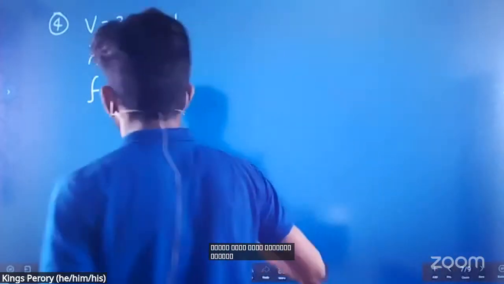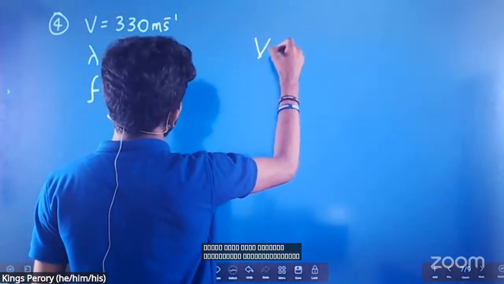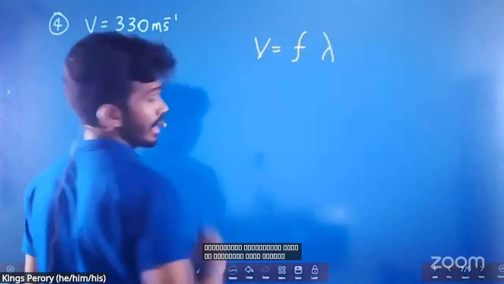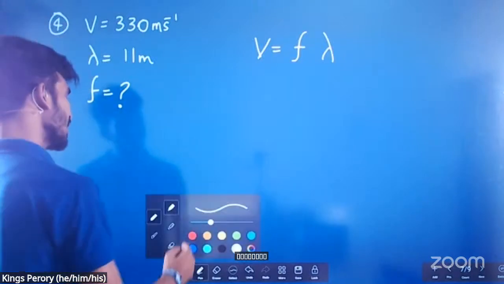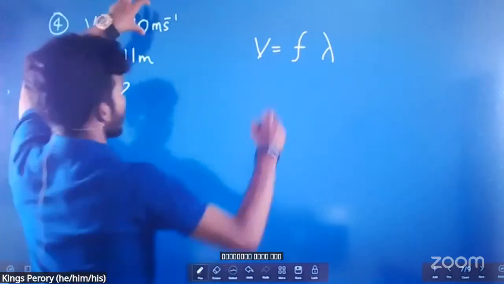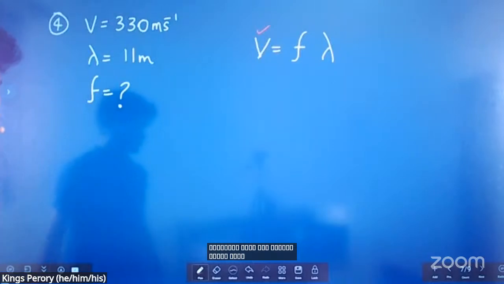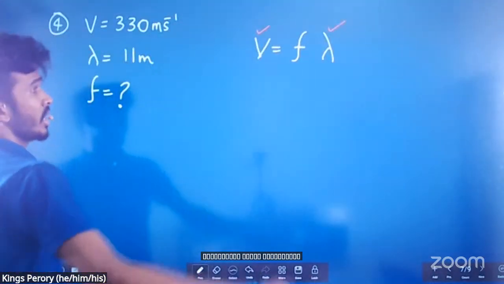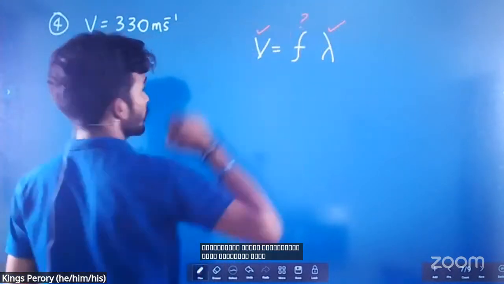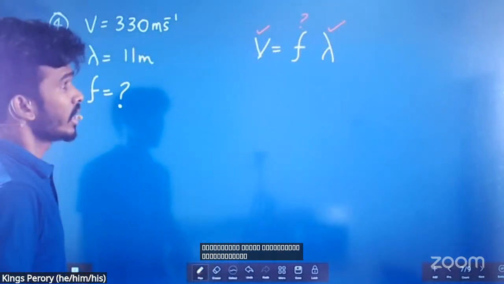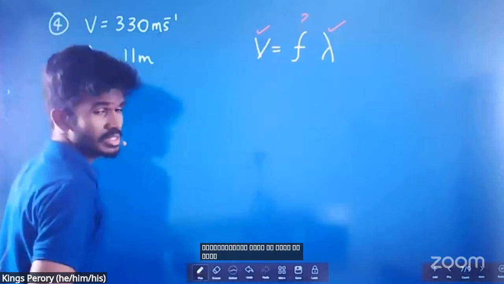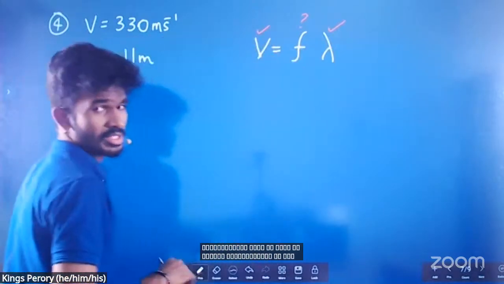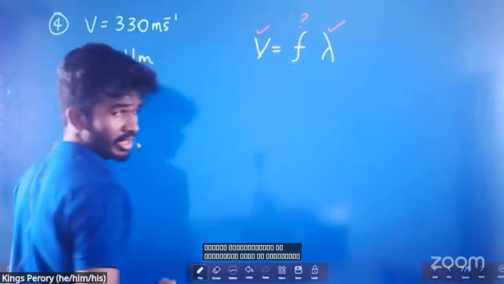Don't panic. Equation is same. V equals F lambda. What are the things given? Speed is given. Wavelength, lambda, given. Frequency not given. You need to find frequency, so you have to make frequency the subject.